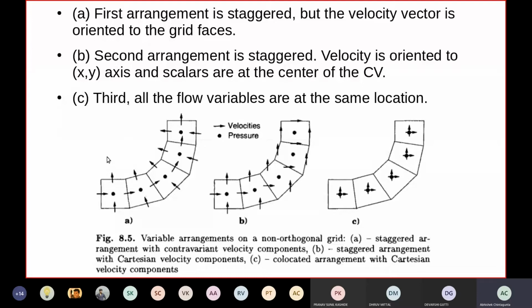Let me repeat. What people do in practice is, if this is a face, we will store velocity u and v here, and based on this face normal, that is, the equation of this face, it would be parallel to the y-axis, so it will be x equals some constant.